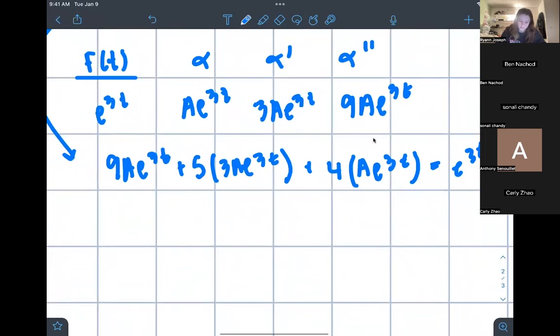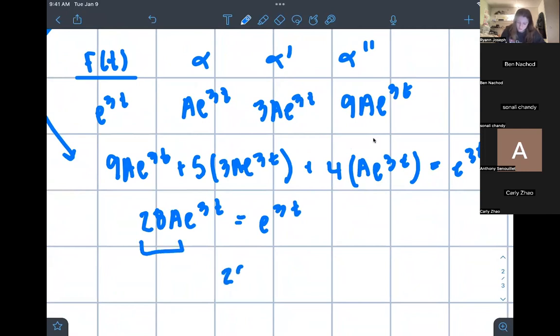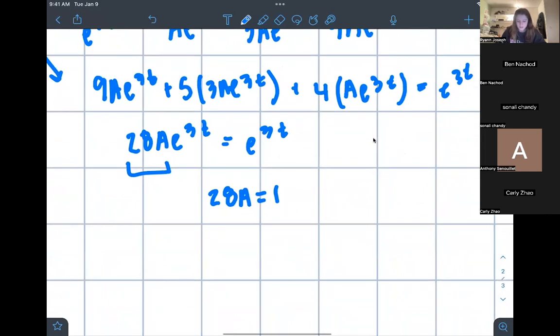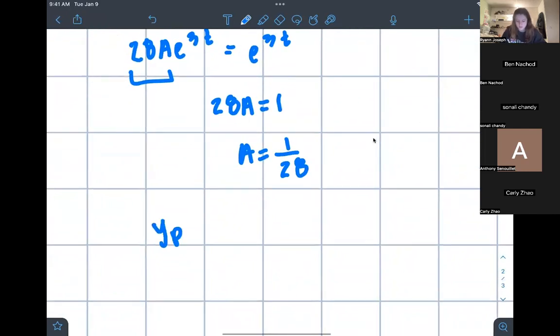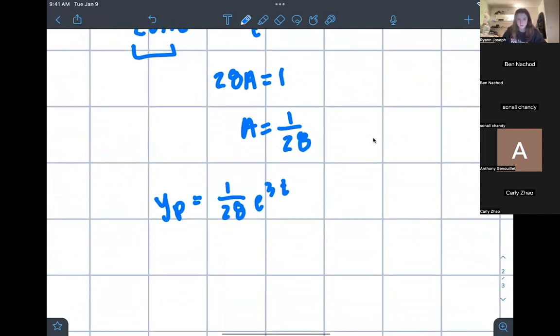Doing some algebraic manipulation gives us 28A e^(3t) is equal to e^(3t), which tells us 28A is equal to 1. A is 1/28. Our particular solution is 1/28 e^(3t).